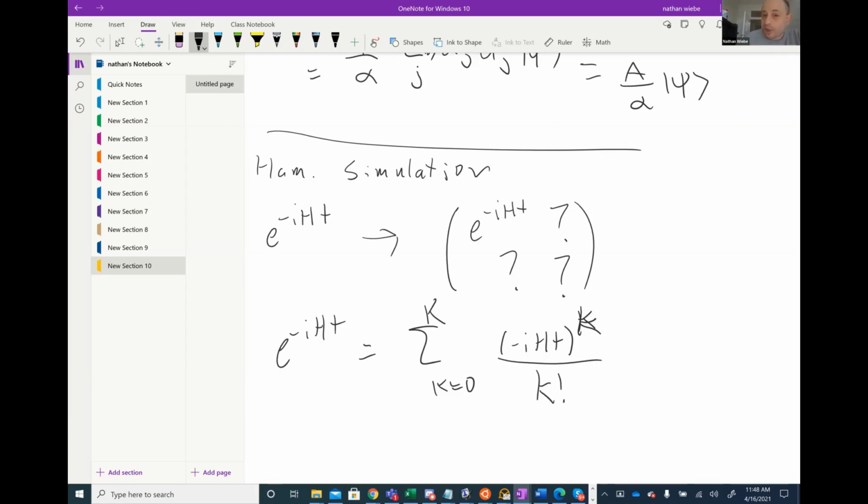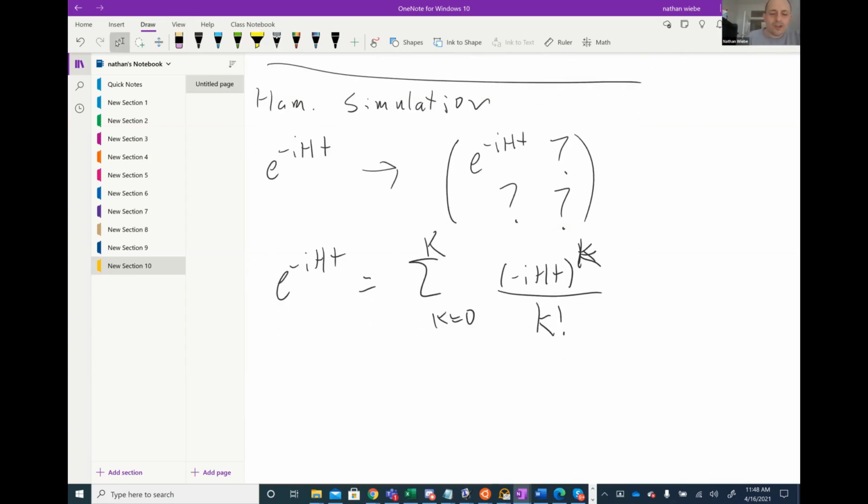Now, this thing is actually not a unitary, but it can be made arbitrarily close to a unitary just by increasing K higher and higher. So this is what we're going to do in order to build it.